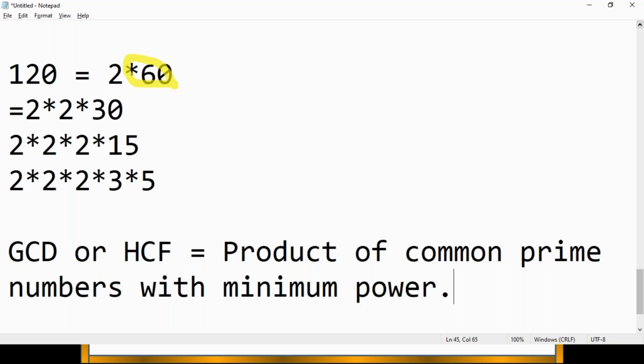Don't confuse between LCM and GCD. Product of common prime numbers with minimum power by using the factorization method.